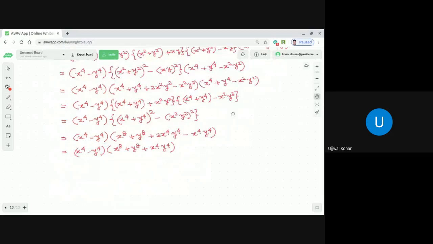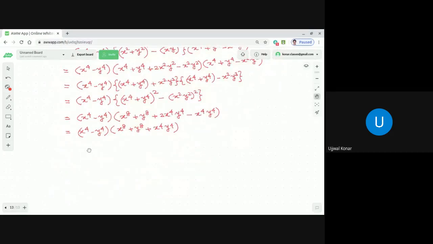So now how to further proceed: we can write x to the power 8 as x to the power 4 whole square, plus x to the power 4 into y to the power 4, plus y to the power 4 whole square.